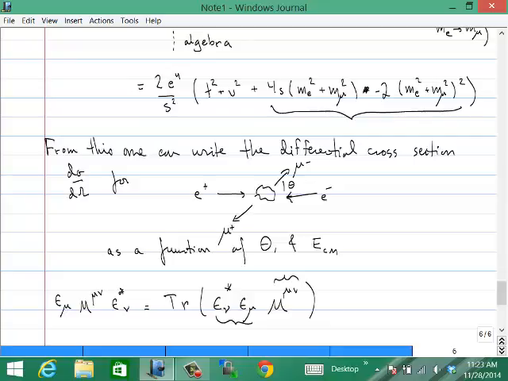The traces, when you write out the indices explicitly, you don't need to write the word trace. If you want to write it in matrix notation, suppressing the indices, you would need to write something like this.